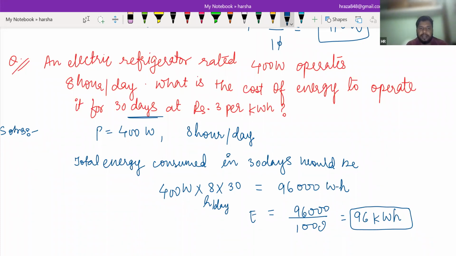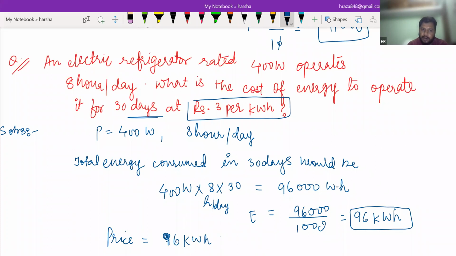Now you can see it is rupees 3 per kilowatt hour, and we have 96 kilowatt hour. So the cost we need to pay is 96 kilowatt hour into rupees 3 per kilowatt hour. The kilowatt hour will be cancelled, and you can say 3 6s are 18, 3 9s are 27.